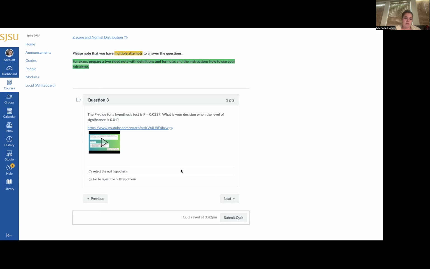I think for this one, we fail to reject, because we compare the p-value to the level of significance. And if P is greater than the level of significance, then we fail to reject it. So since the level of significance is 0.01, that is less than P.